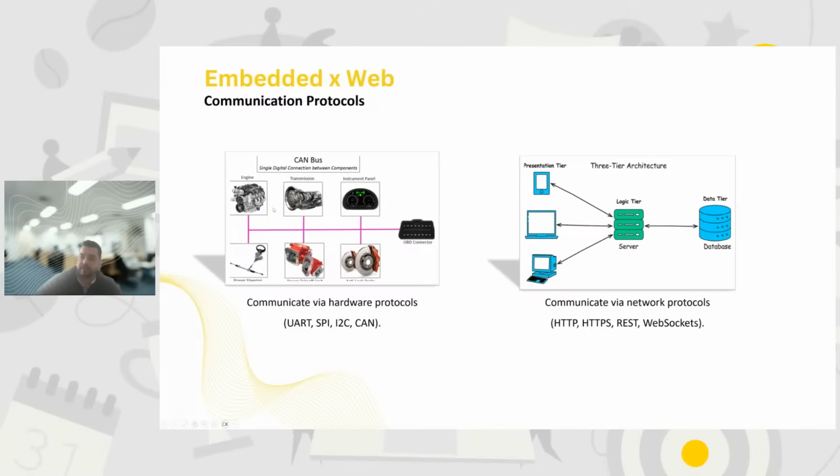Each device has an ECU, that is some kind of microcontroller, let's say, that communicates with the others using the CAN protocol. Here on this side, we can see an example in web applications, where we have the different devices that are communicating with the server, which then requests something from the database. This slide is more focused on presenting how the communication is done and how it's possible to better understand technically the diagrams between embedded and web devices.